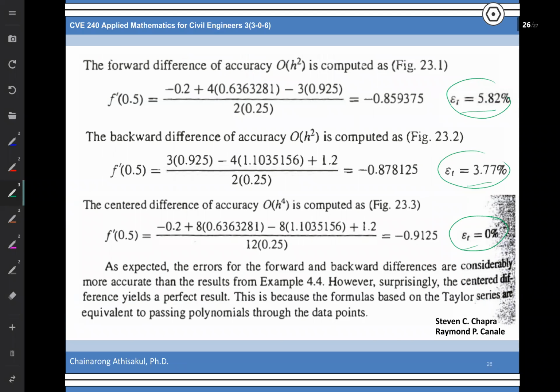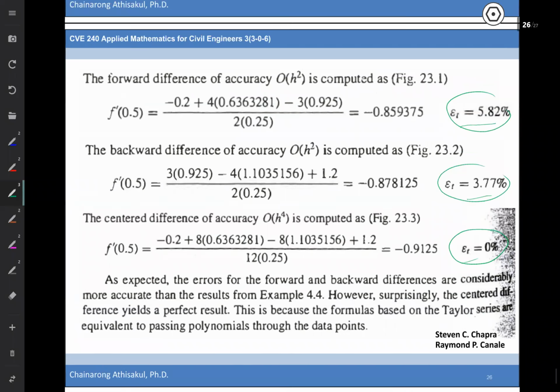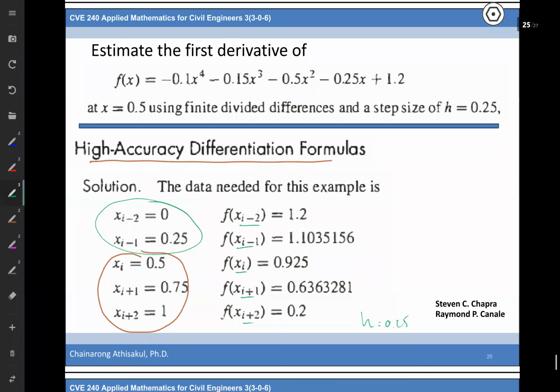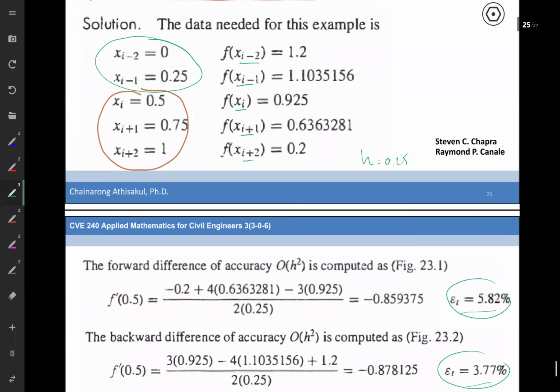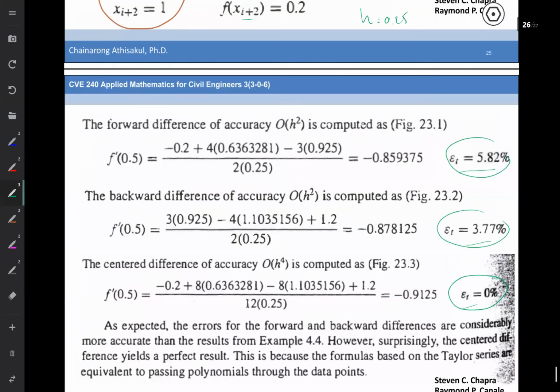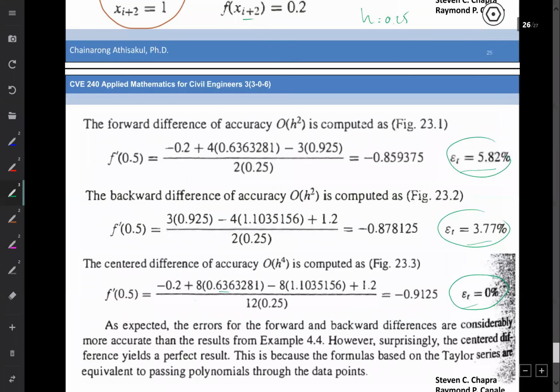You will understand better when we move to the topic of boundary value problems. If you apply the high accuracy differentiation formula, you will have more unknowns. For this example, if you apply the central difference, you will have at least 5 unknowns to approximate.